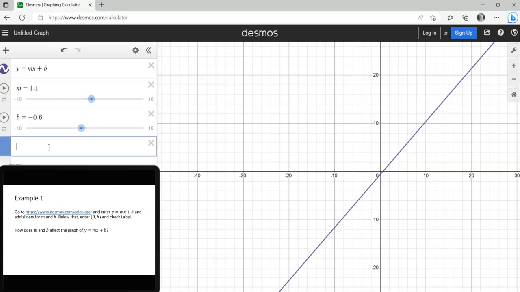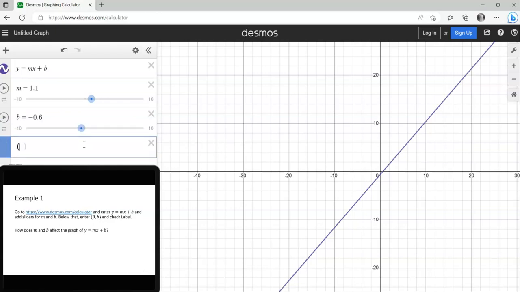Now, if I add a point, let's go right here, parentheses, 0. Let's clear this. Try this again.